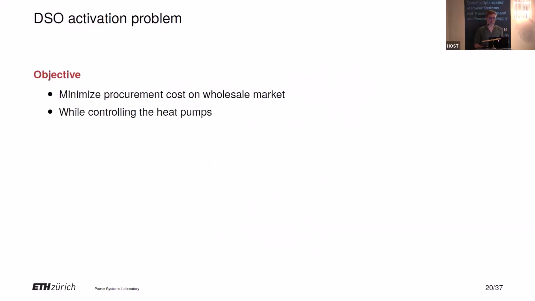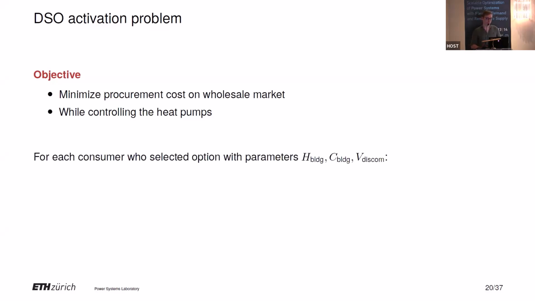I'm going to go a little bit more in detail into the optimization problems that are involved in this kind of design, starting with the DSO activation problem. So what is the DSO solving, knowing that each agent has selected a certain option? Well, basically, they are facing wholesale market prices directly, so they are going to want to minimize the procurement cost while controlling the different users, and in this case, the different heat pumps.